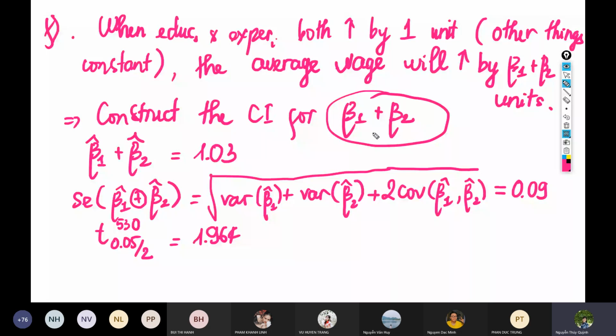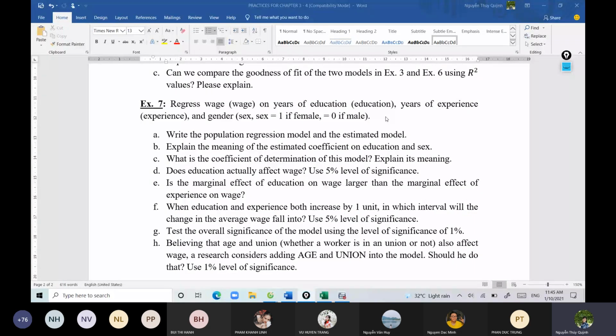Now for question G, we want to test the overall significance of the model using the level of significance of alpha. What do we have to do here? Now, what is the hypothesis?